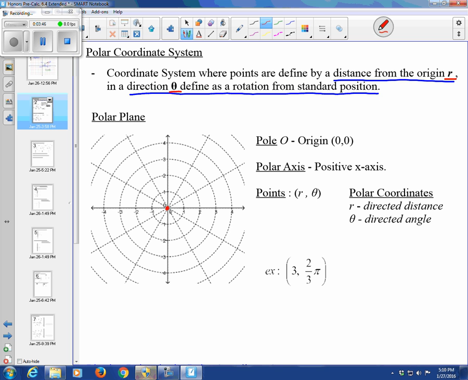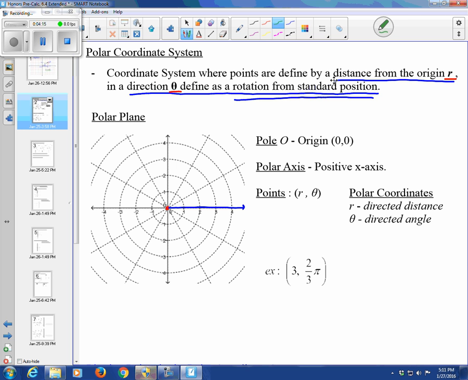We say that the polar axis coincides with the positive x-axis, and that's going to be the initial side for all of our angles of rotation from standard position, which will define the direction that our points are in. Right here we say that points on the polar plane are a length r in a direction theta. We say that r is the directed distance and theta is the directed angle.